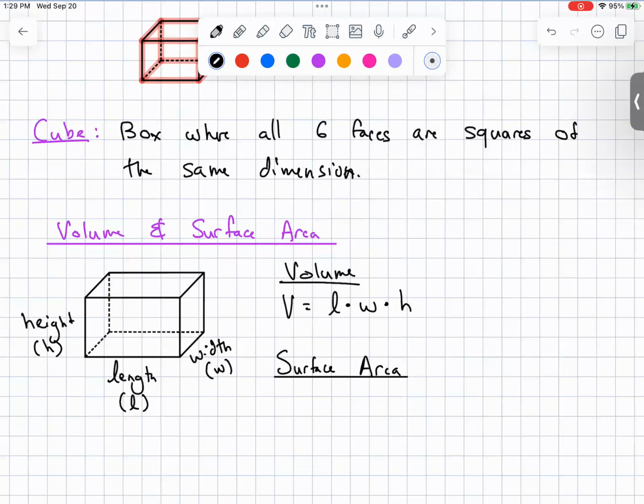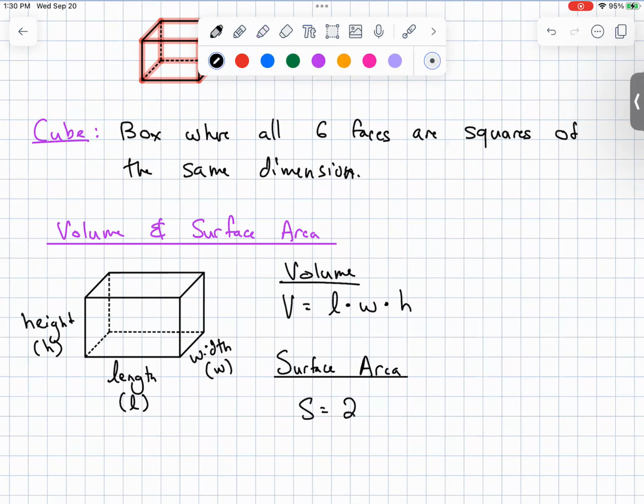Notice that if I look at just this rectangular bit, that has a side that is width times height. Whereas the one directly in front of us is height times length. But there's two opposite ones.